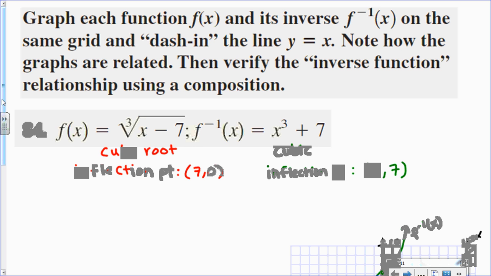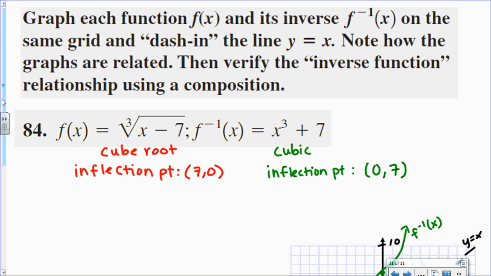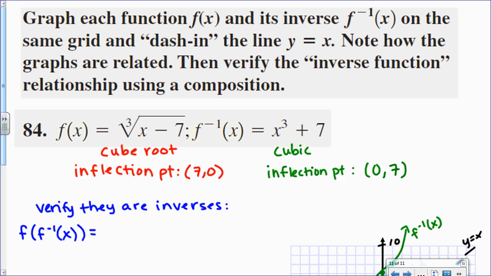Okay, so then verify the inverse function relationship using a composition. So verify they are inverse. So I have to do f of f inverse of x, and then f inverse of f of x.